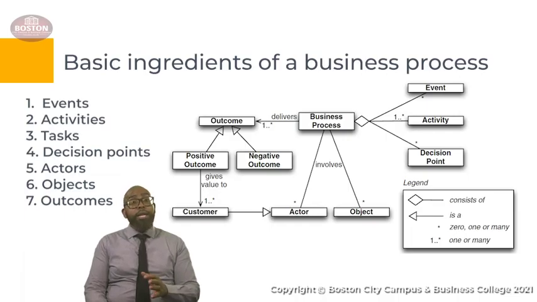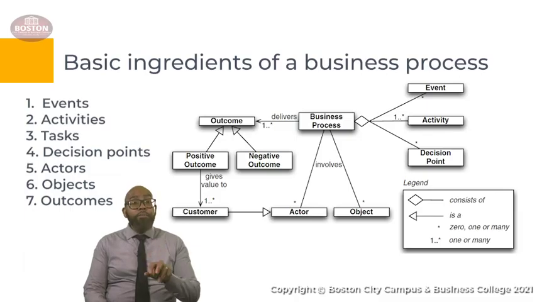The sixth ingredient is objects. A process can involve various objects, which are the physical, tangible things that you can touch and see, such as the equipment, the materials, and the various documents that get generated throughout the process.